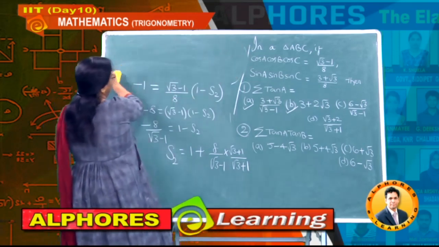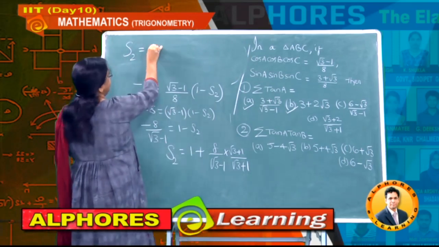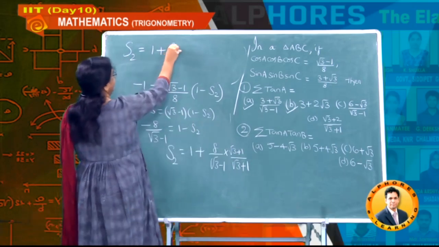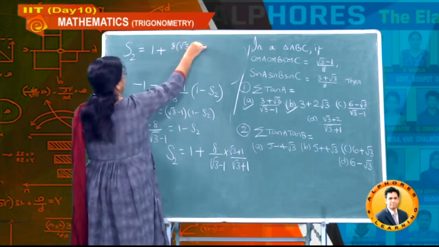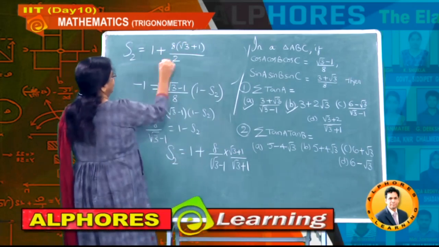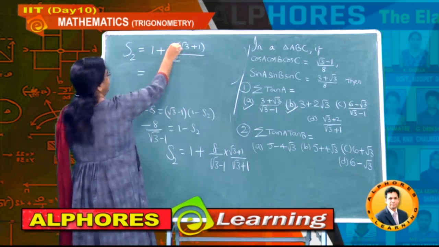S2 equals, now what is the numerator? This is 1 plus 8 into root 3 plus 1, divided by 2. So, now you get 2 times 4.